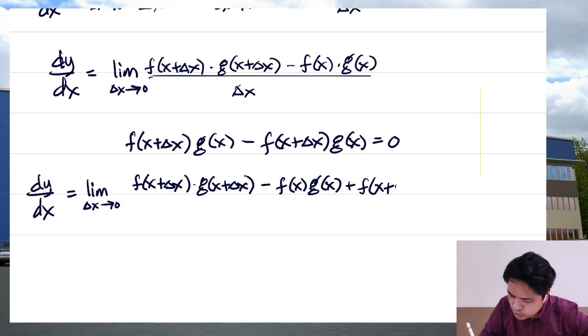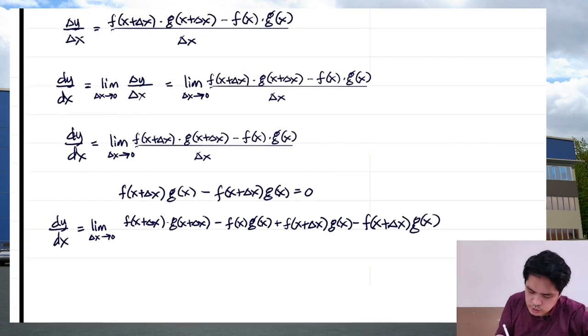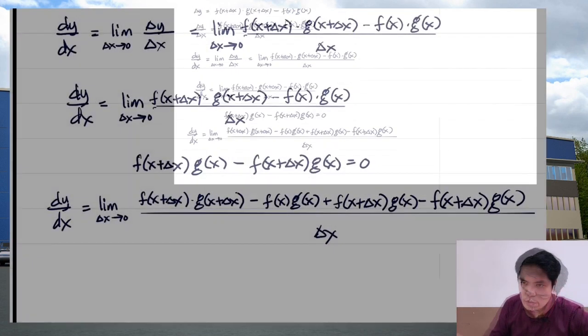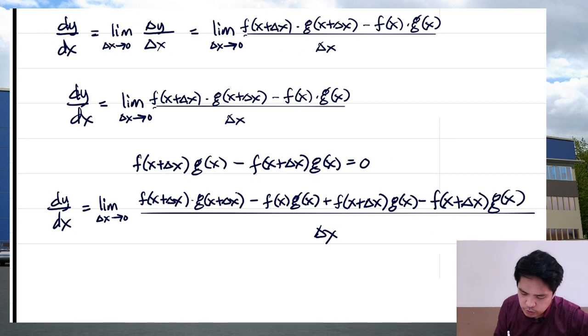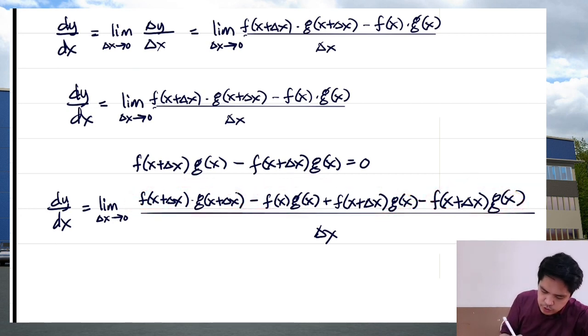So we have f of x plus delta x times g of x minus f of x plus delta x times g of x. Then divide this all by delta x. So we could combine this one. I mean, we could partner this to this, and these two as partners. So we'll have dy over dx.